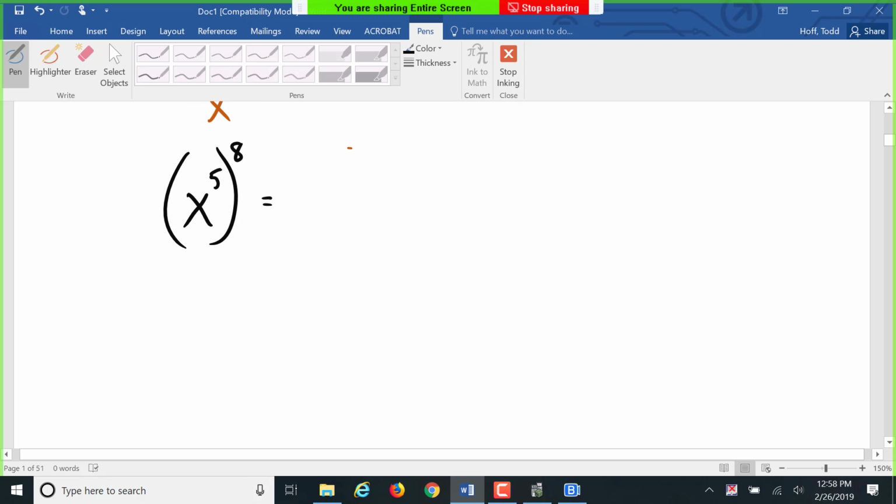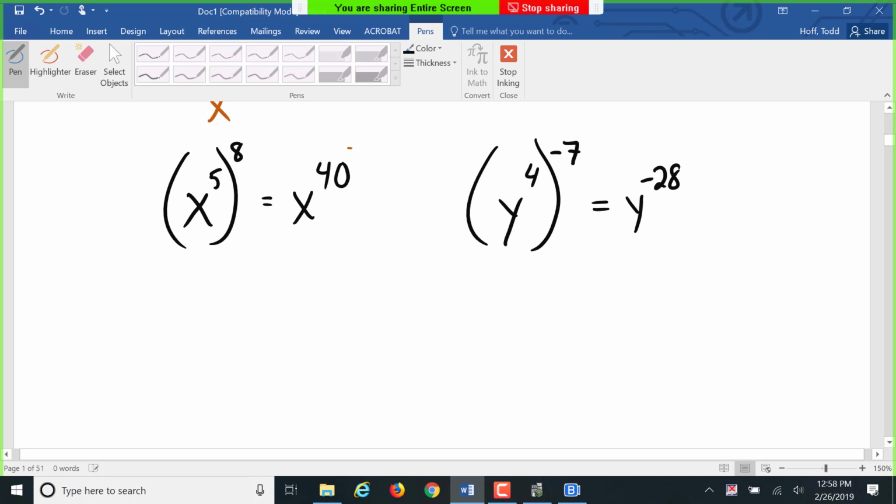What's x to the 5th to the power of 8? X to the 40th. Good. How about y to the 4th to the power of negative 7? Y to the negative 28th.